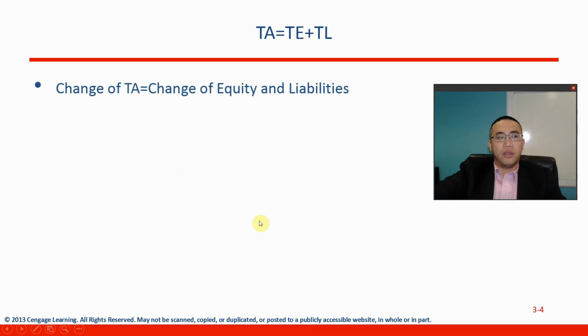And if you look at this universal accounting equation, total assets equals total equity plus total liabilities, that also means the change of total assets from last year equals the change of equity and liabilities from last year, right? So if you use 2019 minus 2018, the change is the same for total assets and for total equity and liabilities on both sides of the equation.